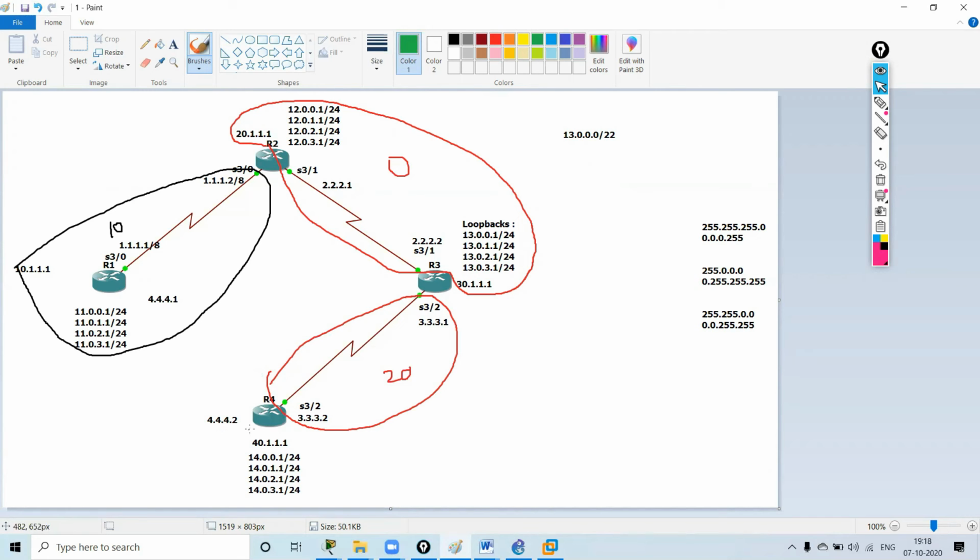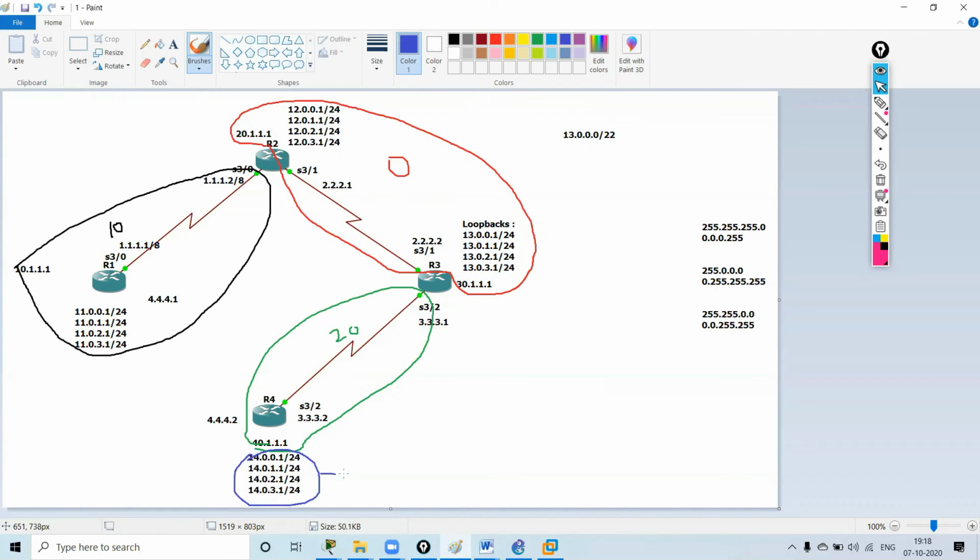This 4 dot network will be in OSPF, the 40 dot network will also be in OSPF, area 20. And the loopbacks on R4 will be running inside EIGRP.